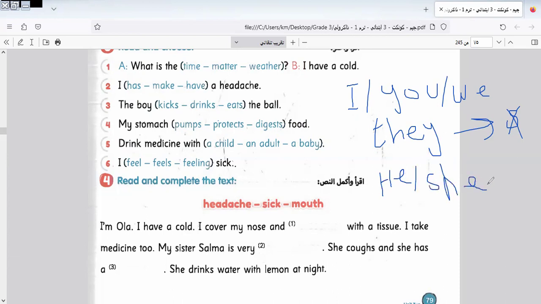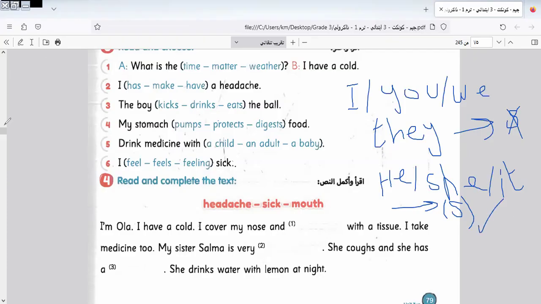Okay, he, she, it take s. This is the song I will teach you to know which ones take s and which ones don't take s. So I, you, we, they don't take s, but he, she, it take s.